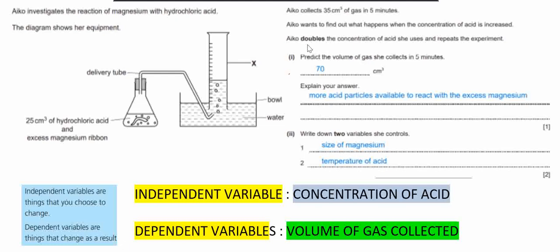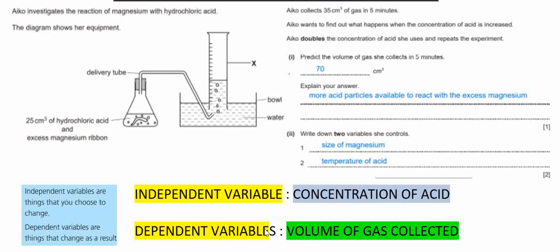Now the thing that Ico changes is that Ico doubles the concentration. So this is the variable that Ico changes, it will be the independent variable. In this case, the independent variable is concentration of acid. Now the dependent variable is what Ico observed as the result.